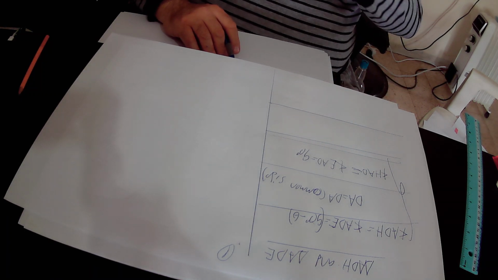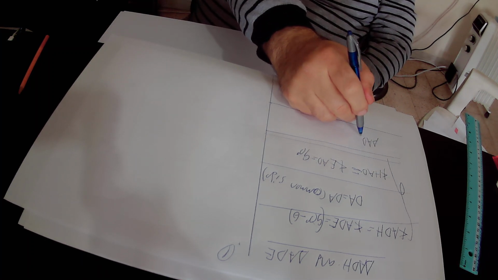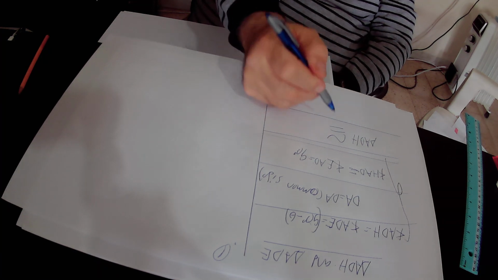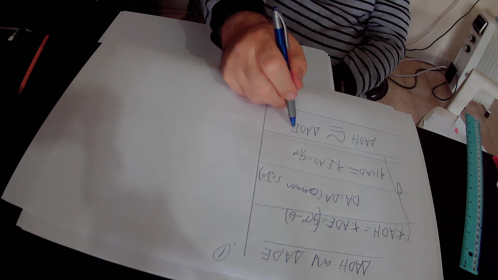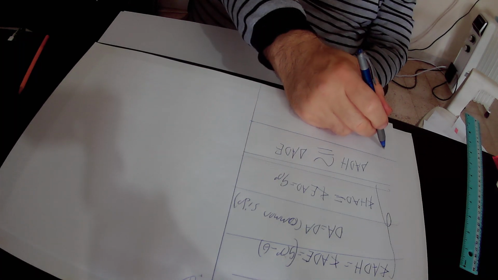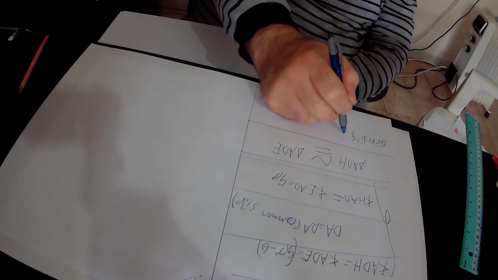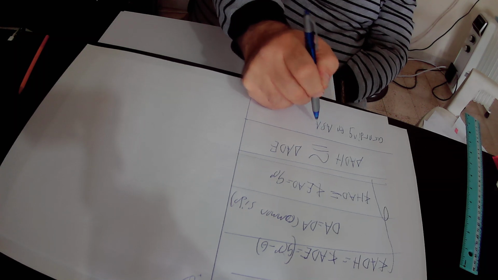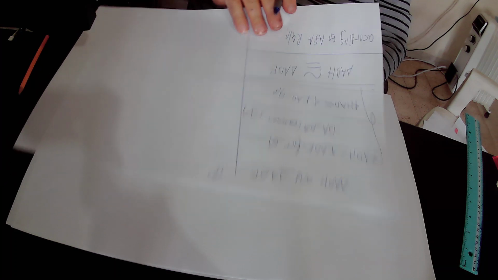So we actually proved that the right triangle ADH is congruent, this is the sign of congruent, to the right triangle ADE according to the angle side angle rule.